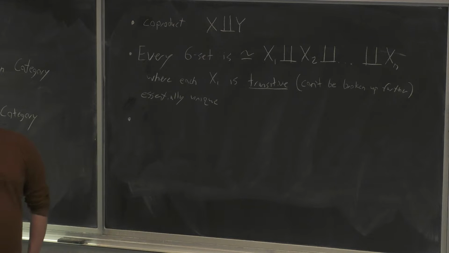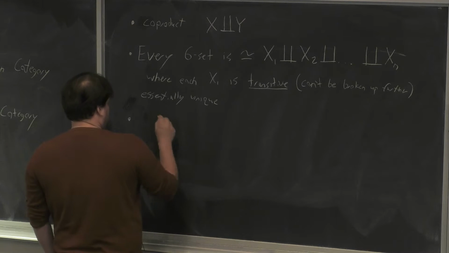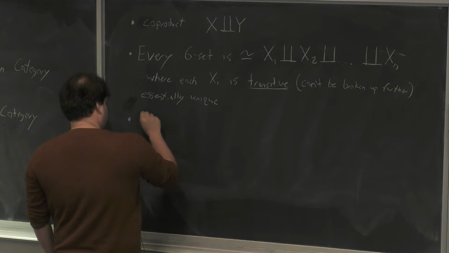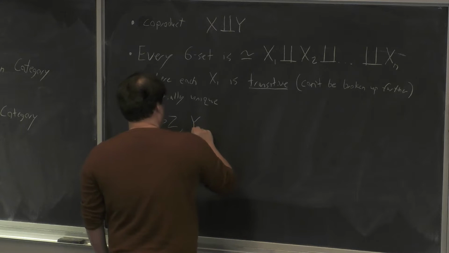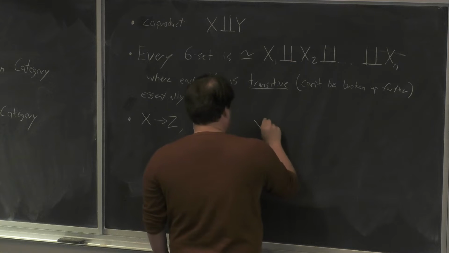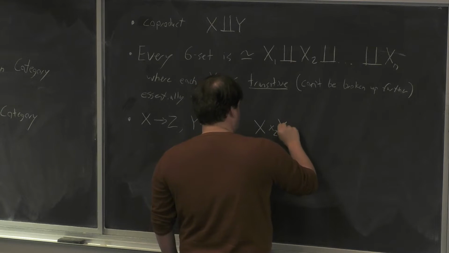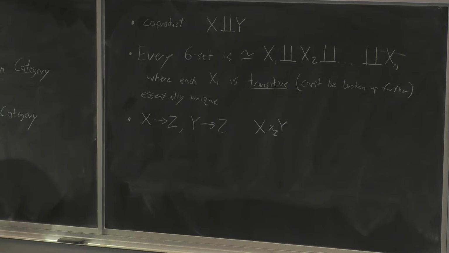We can also take products. So I have fibered products: if I have X going to Z and Y going to Z, then X times Y fibered over Z exists.